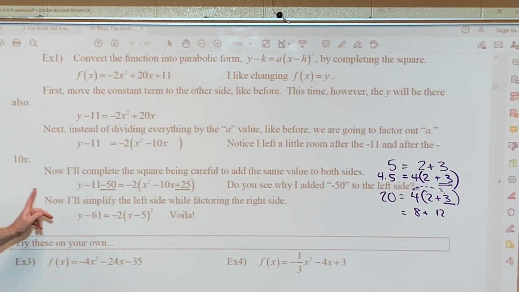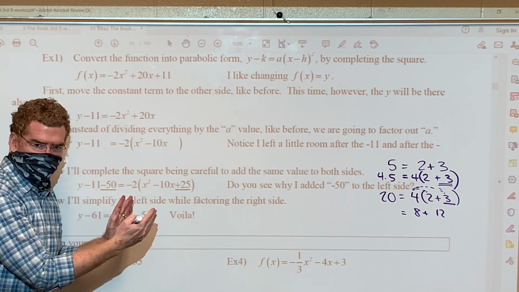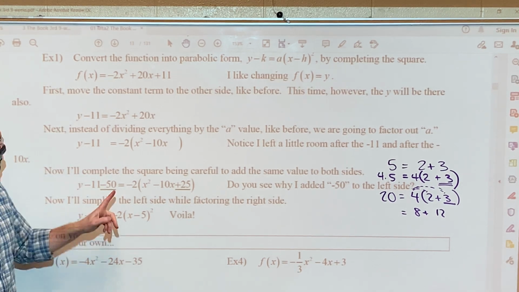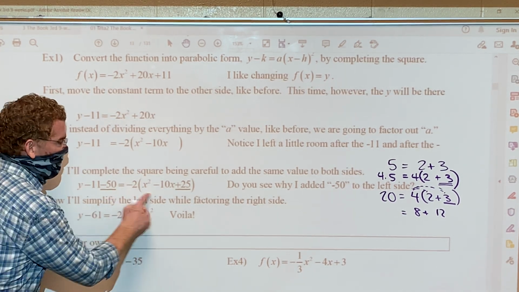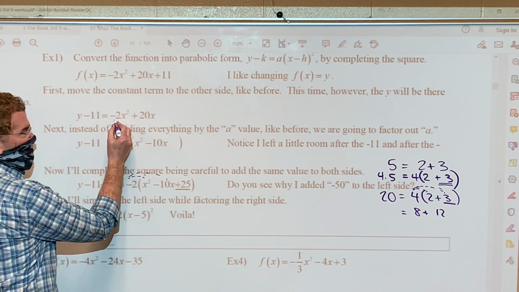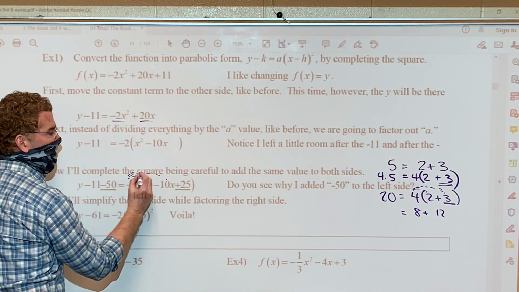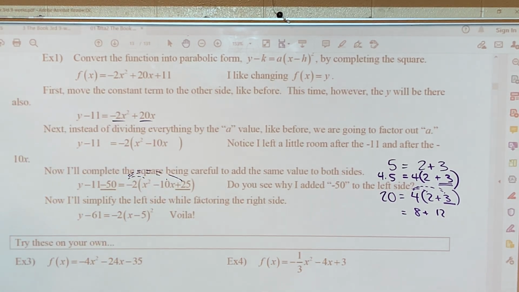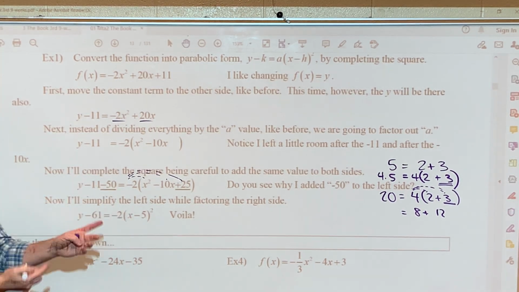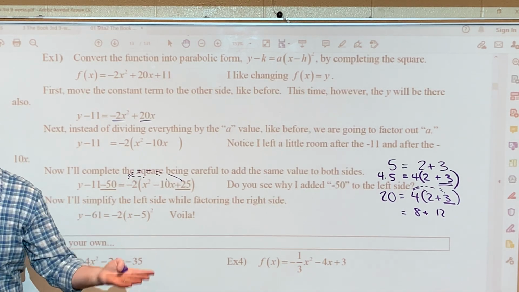And right here, me adding a 25 inside that parentheses doesn't mean I added 25 to that side. It might, but because there's a -2 out there, this right side is really -2x squared, positive 20x, you knew that, but -50. So what the end result to that side was, 50 was subtracted, you gotta subtract 50 there to keep it in balance.